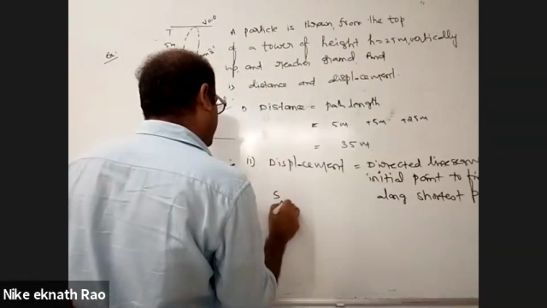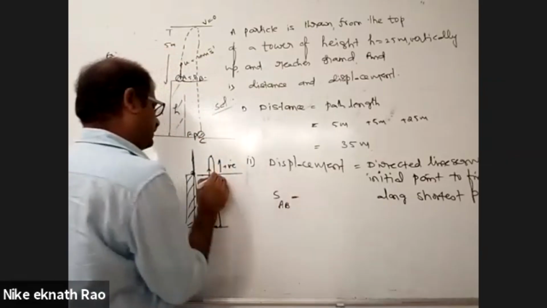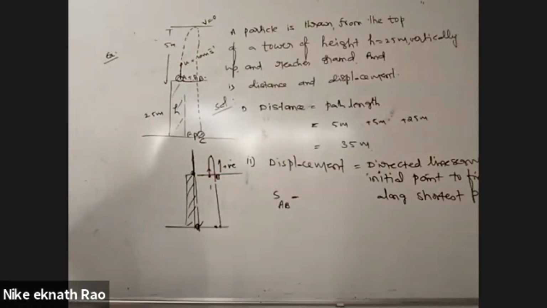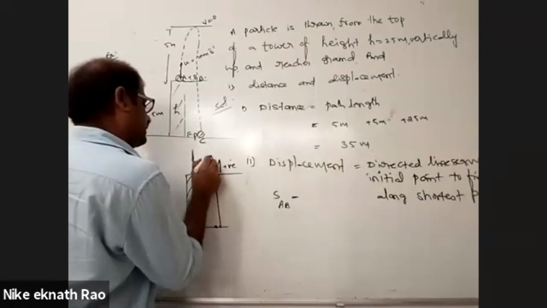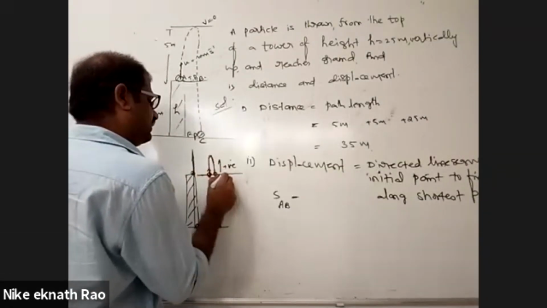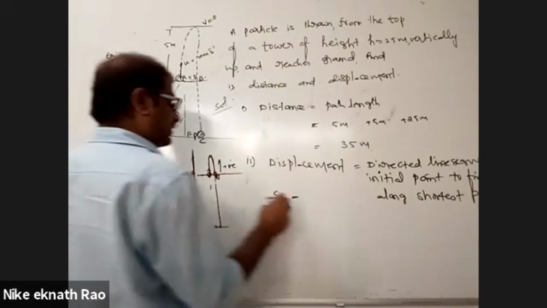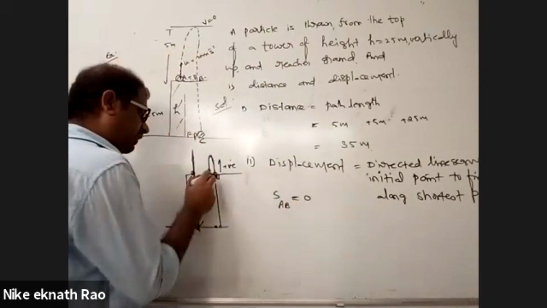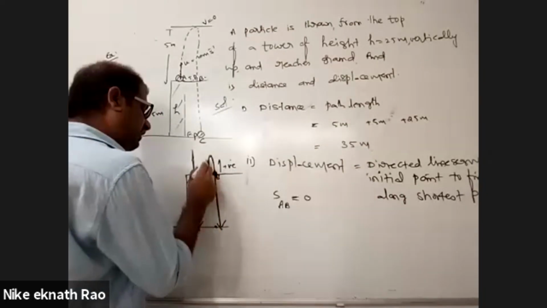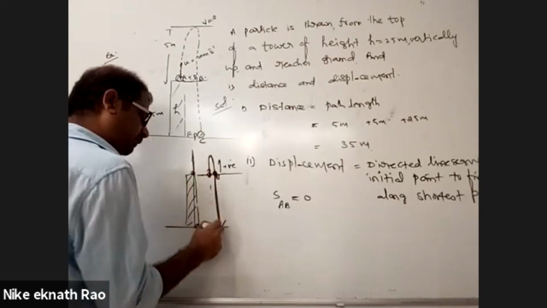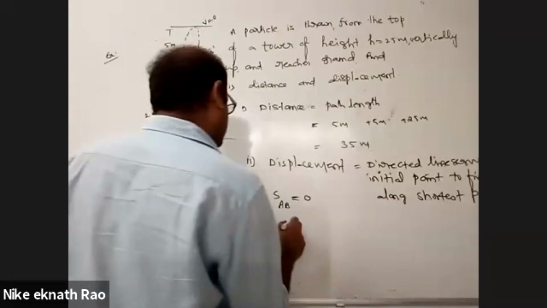So the displacement during path A to B: what is the vertical displacement? It goes up, again comes to the same point B, so up to here it is 0. But it does not stay here; it comes down. The direction of travel is upward, and the final position is opposite to the initial direction of travel.